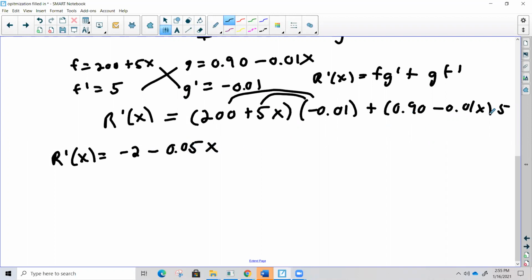And then I'm going to multiply this 5 by the 0.90 and the 0.01x. So 0.90 times 5 is going to be plus a 4.5. And then negative 0.01x times 5 is a negative 0.05x.